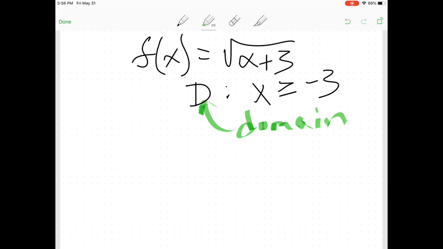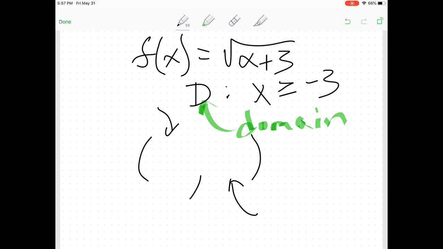So the domain is x is greater than or equal to negative 3. Well, let's put this in interval notation now. So I know that I'm going to have some sort of parentheses on the left, and then a comma, and then some sort of parentheses on the right, with this being my lower bound here, and then this being my upper bound here.